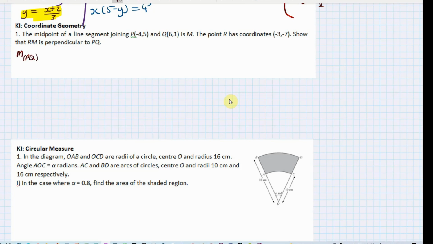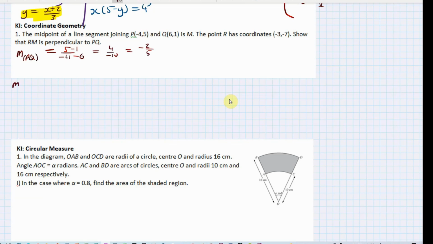To prove something is perpendicular, we show that the gradients are negative reciprocals of each other, or they multiply to make -1. So the gradient of PQ is 5 minus 1 over -4 minus 6, equals 4 over -10, which is -2/5.